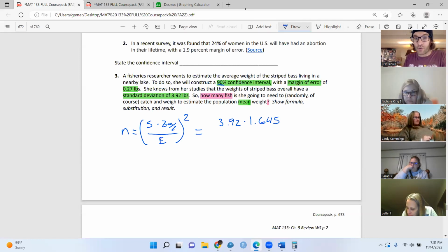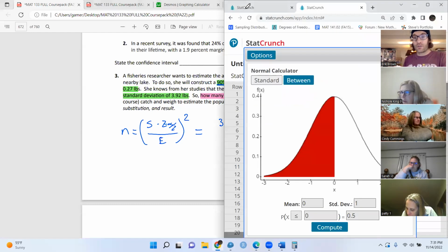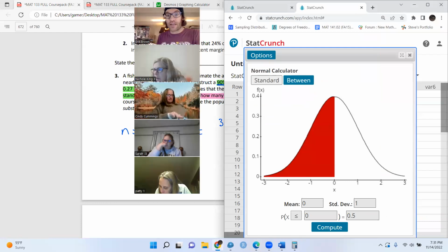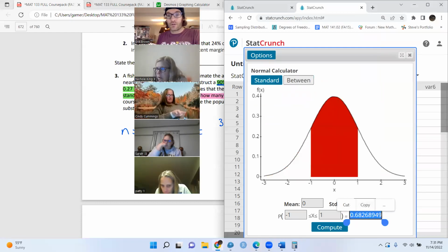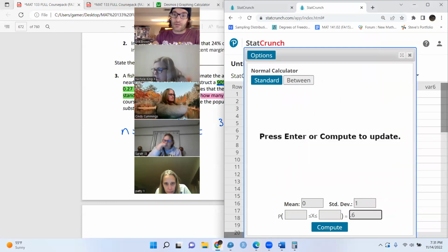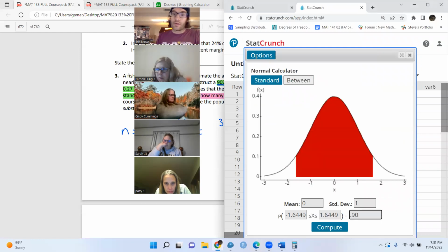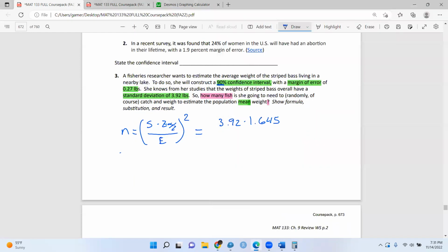How do I know that? I just happen to have this memorized because we've used it a couple times tonight. What you would do is go to your between calculator in StatCrunch and type in your 0.90. And there is your 1.6449. So we're going to smash that in there.